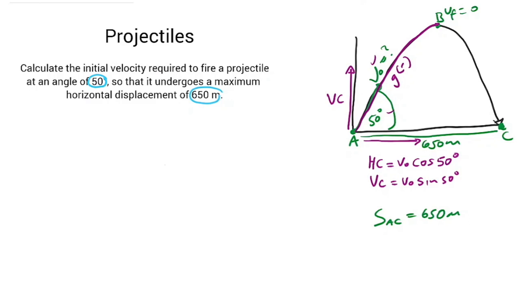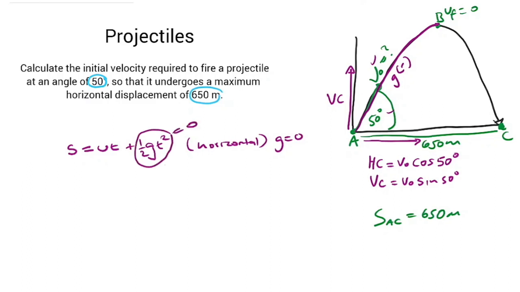It is distance is equal to velocity times time plus half g t squared. Since we are talking about the horizontal, g is 0, which makes the whole of this term equal to 0.